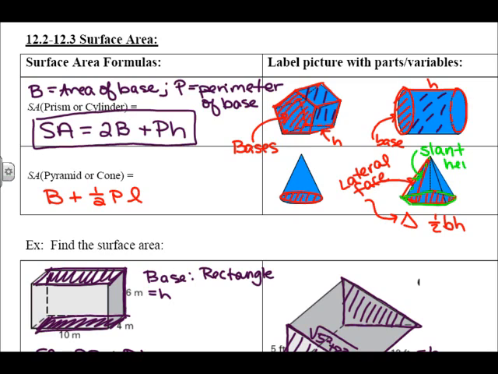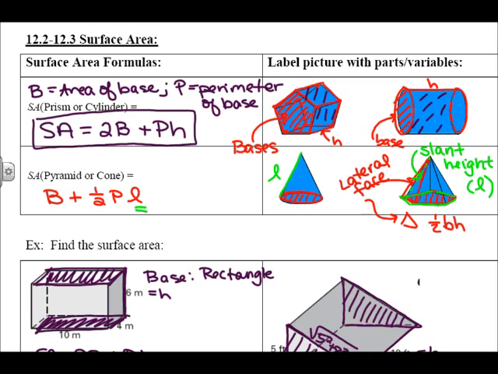It lies on the surface of your pyramid and also on your cone. So on your cone, here's your slant height. And they use a little L for the notation for slant height. Okay, so that's what this little L is in our formula.